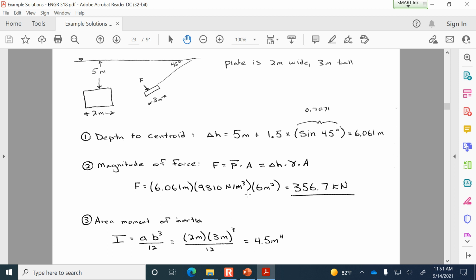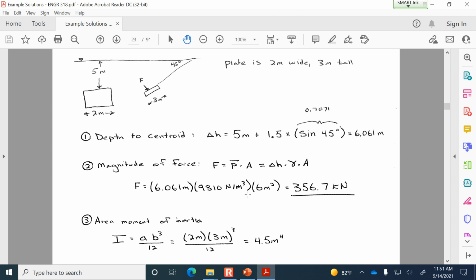So delta H is 5 meters plus 1.5 meters, because remember this dimension is 3 meters, and half of that is 1.5. But I can't just say 1.5 by itself, because that's a sideways distance.